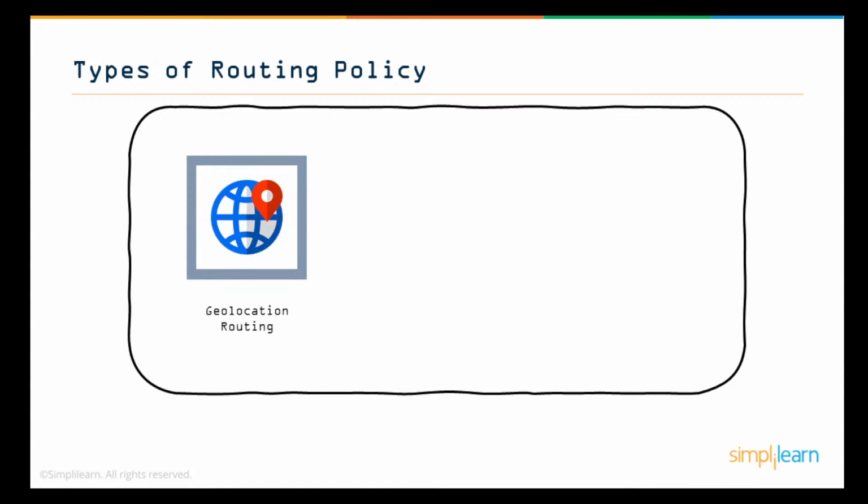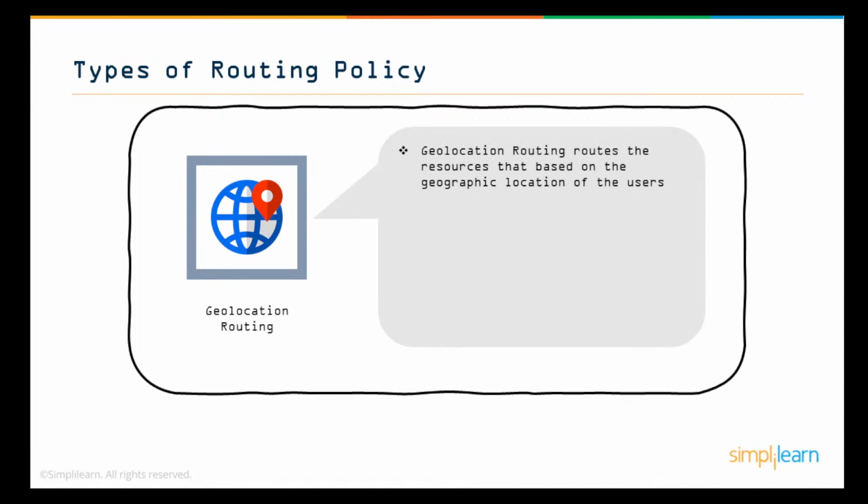Now let's look into the geolocation routing. The geolocation routing routes the resources based on the geographical location of the users. So let's say if we are having our web servers running in different geographical locations or different regions. Let's say I have one web server in one of the US regions, then another web server in APAC, the third web server in EMEA.